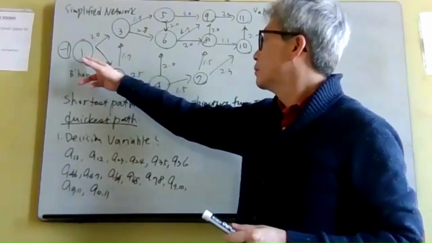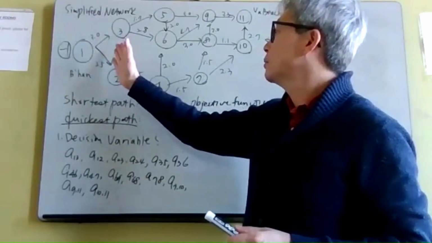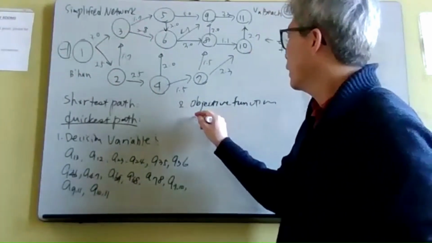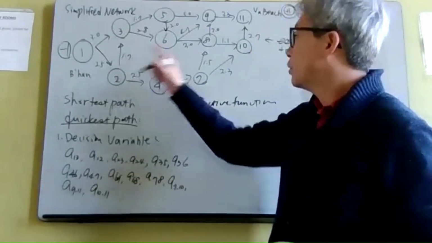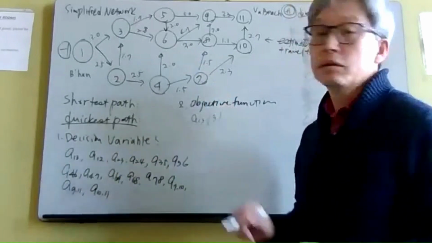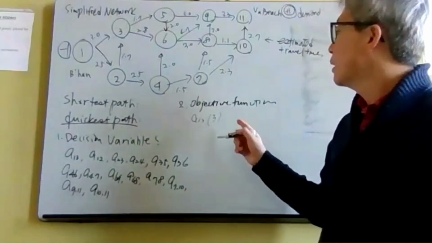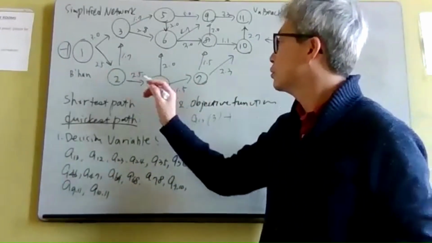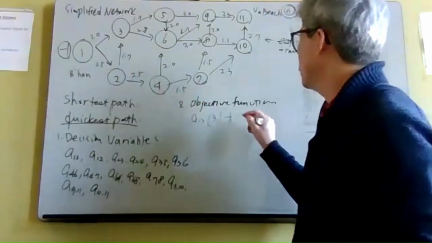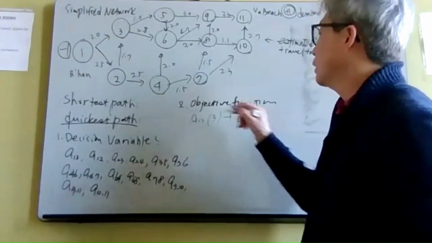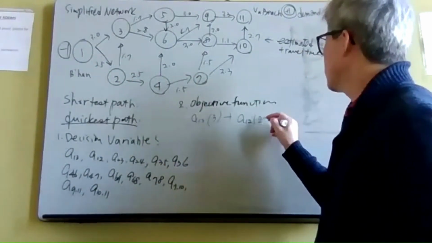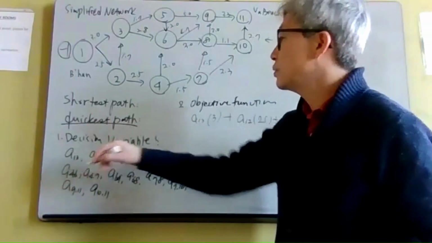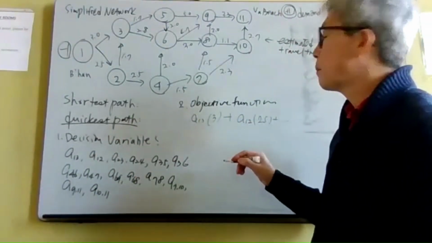If you choose to drive from 1 to 3, A13, the travel time is 3 hours. Then if you choose to travel from 1 to 2, the travel time is 2:45. So you can make a list of this using these decision variables.